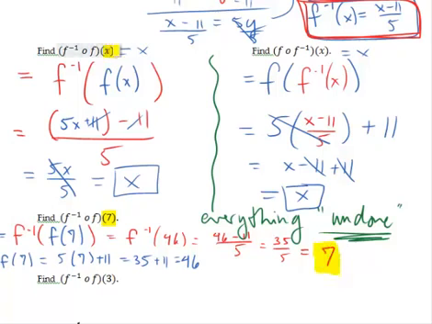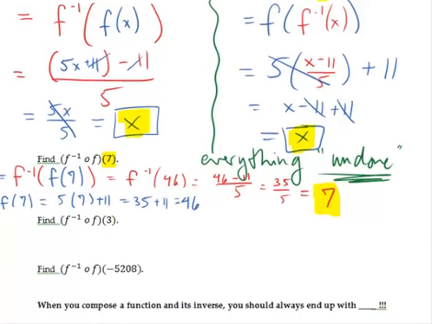Just the same way that we started here with an x and we ended with an x. Let's do another one. We're going to do f inverse of f of 3. Do the inside part first.